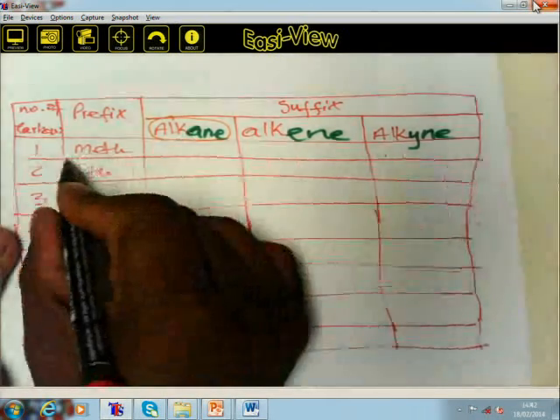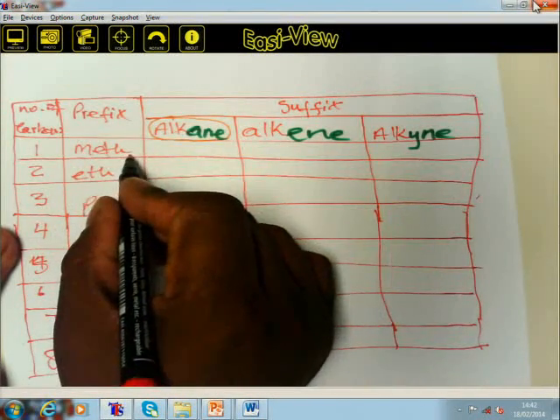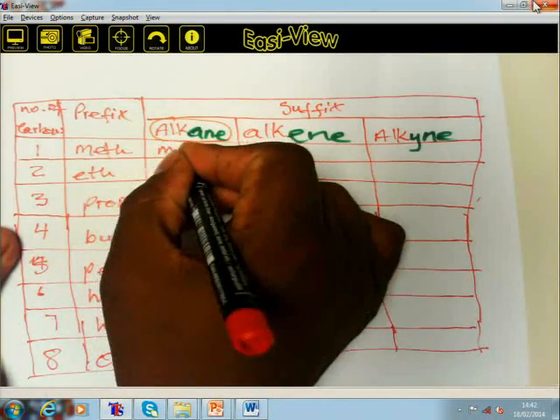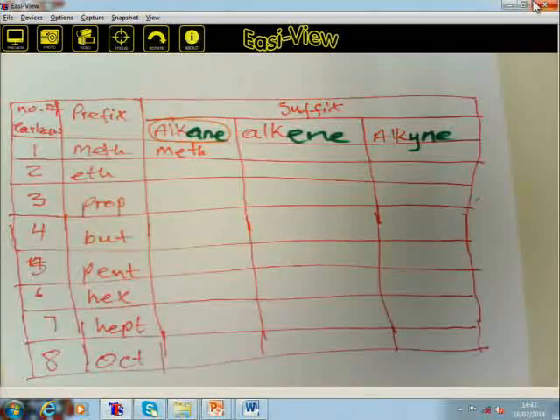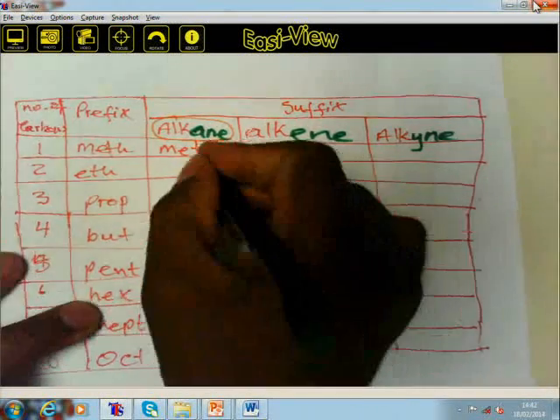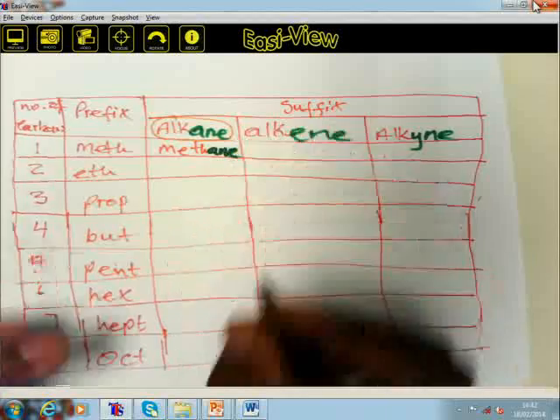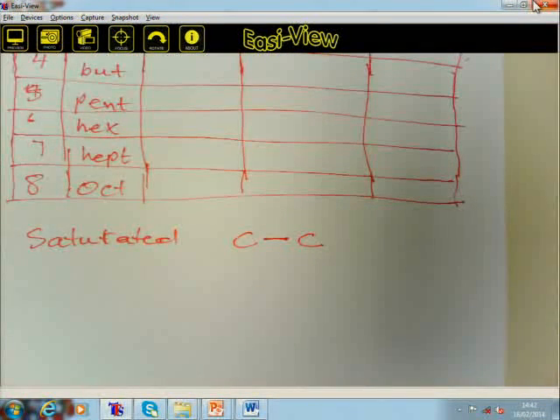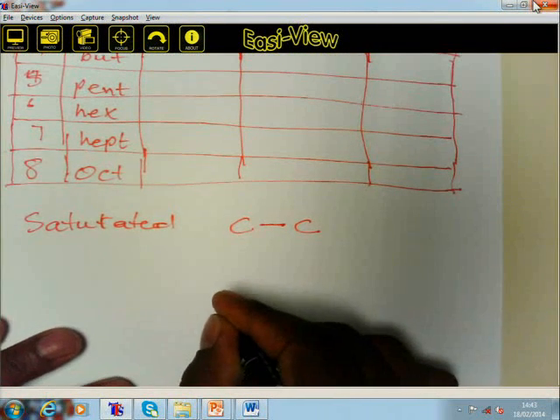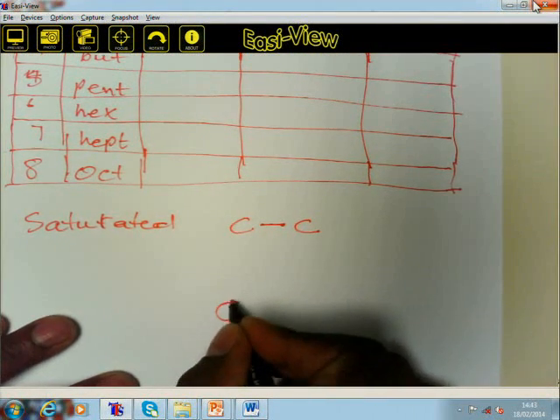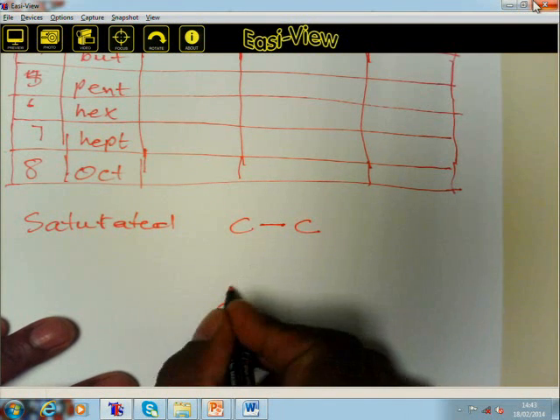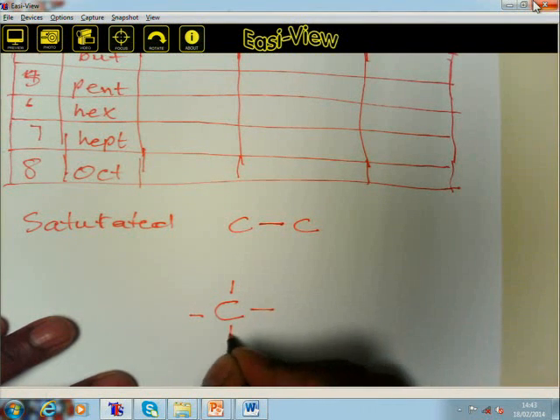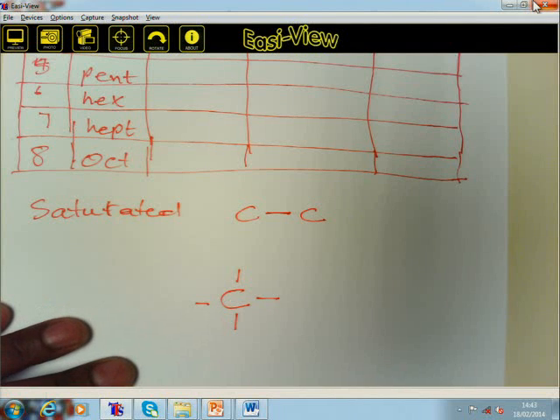So if the compound has only 1 carbon, we call this one meth, and it will end with ane. So that will be methane for the compound that has 1 carbon. The example for methane, that is, we've got 1 carbon, and then you know that this carbon is in group number 4, so it can form 4 covalent bonds.